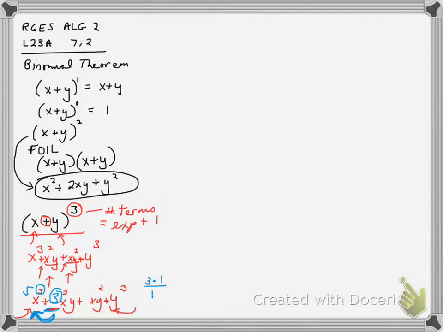I'm going to take the exponent times the numerical coefficient of always the previous term, 3 times 1, divided by the order of the term. In other words, that's the first one, so I'll divide by 3. Divide by 1 because it's the first term. So I'll take 3 times 1, divide by 1, and that will give me the numerical coefficient in the second term. Now let's look at it again.